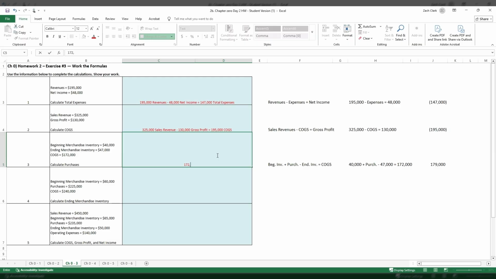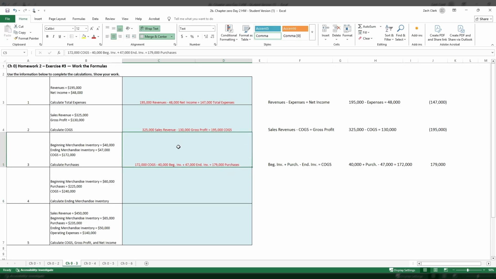So let's type this in. We have 172,000 COGS, minus 40,000 beginning inventory, plus 47,000 ending inventory equals 179,000 purchases.